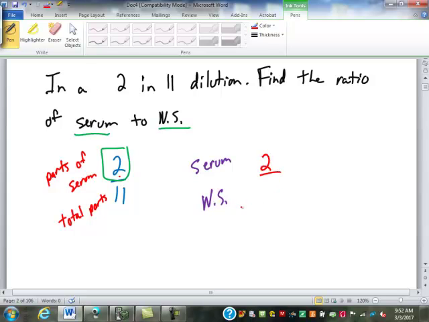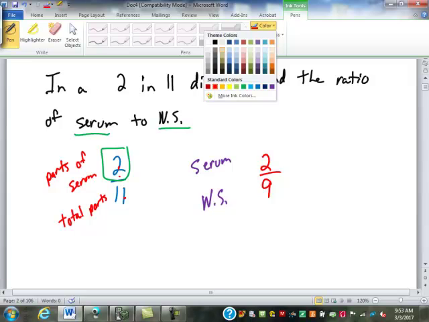What has to go in for the saline or the water? Yeah, 11. Go ahead. Yep, exactly. We have 11 total parts, 2 of them serum. 11 minus 2 has to be 9 parts of saline. So that would be a 2 to 9 ratio of serum to saline or serum to water.